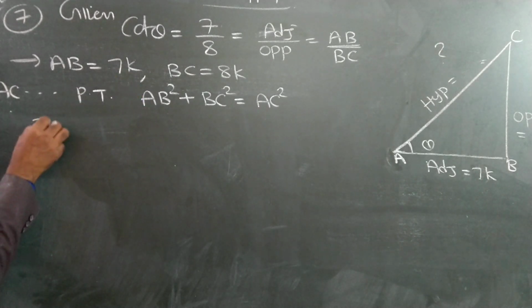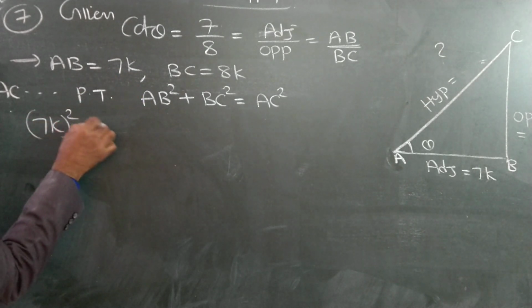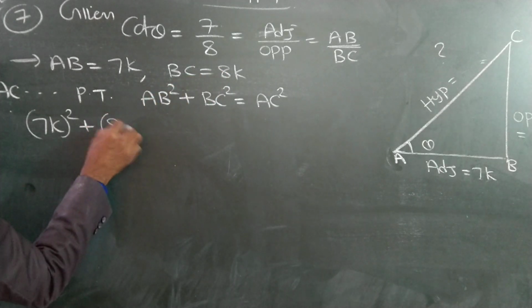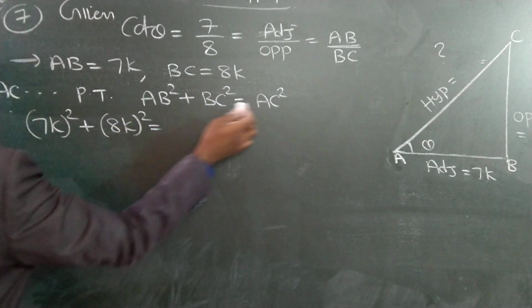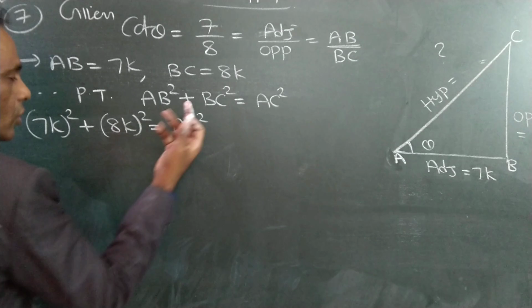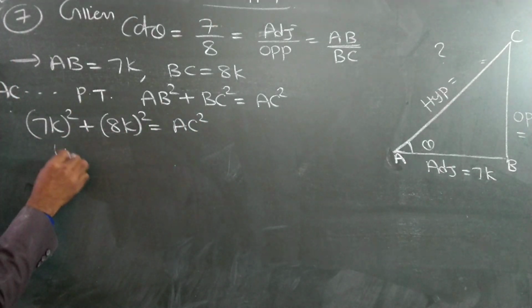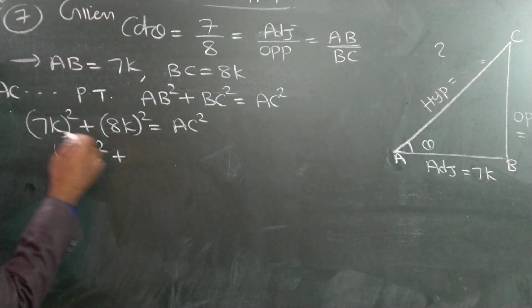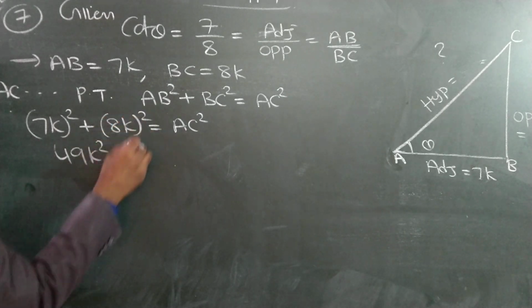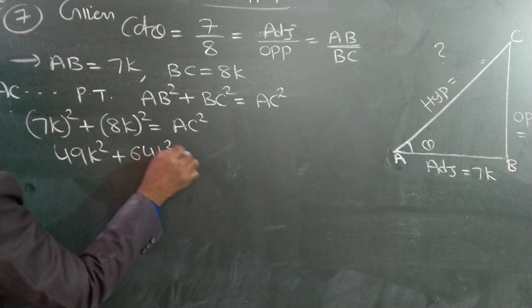AB is 7k, BC is 8k, AC we have to find. 49k square, 7 square is 49, 8 square is 64.